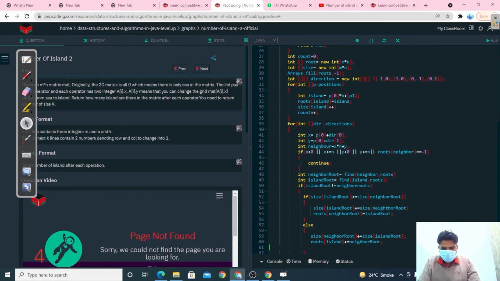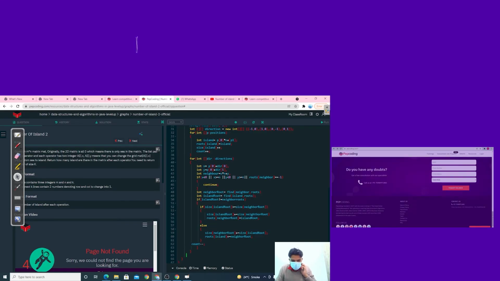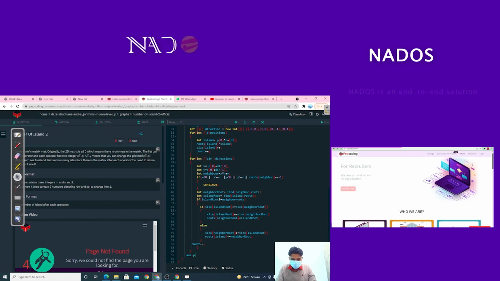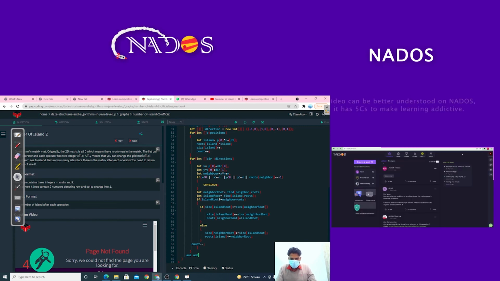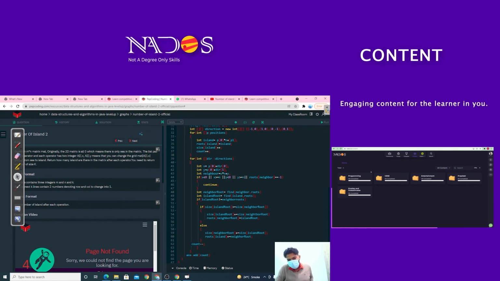After that, we just do count minus minus. Why are we putting count minus minus? Because at this stage the neighbor is merging with its parent.